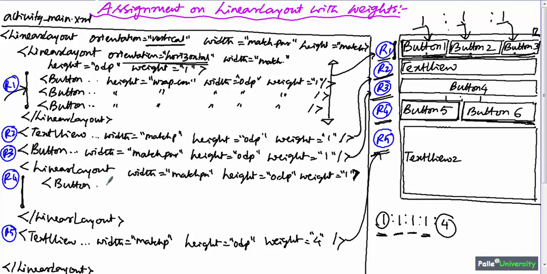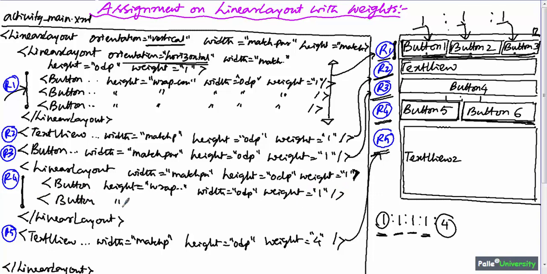We take one more button, height equal to wrap content, width equal to 0 dp and weight equal to 1. Similarly, the next button also, height wrap content, width 0 dp and weight 1. That is how our XML code will look. I hope you understood this assignment. I would strongly recommend you to experiment with the same thing in Android Studio.